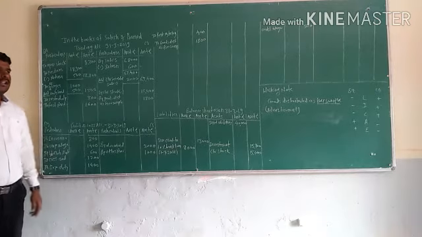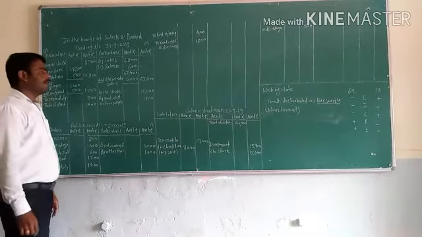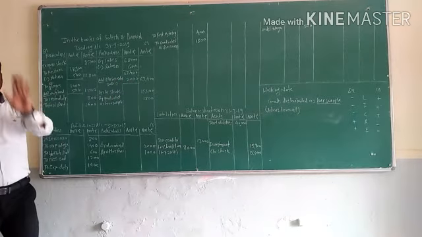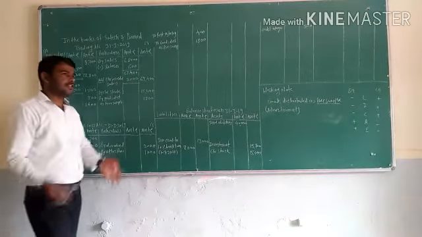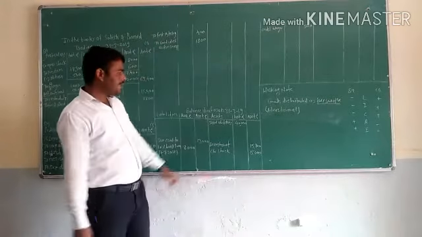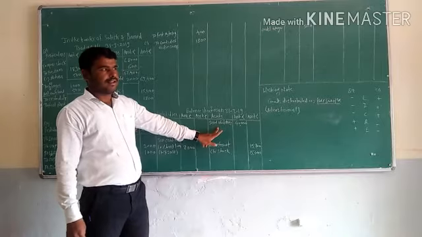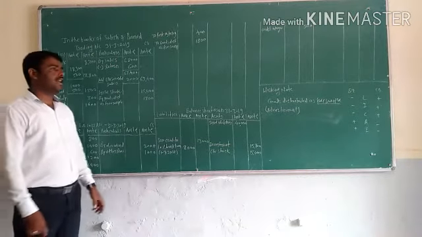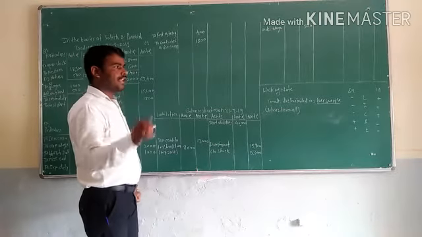Then the other effect: who is the person the goods were sold to? Who purchased the goods on credit? The person is a debtor, who purchased the goods on credit.